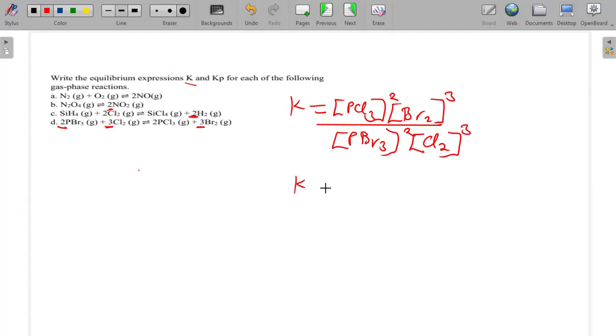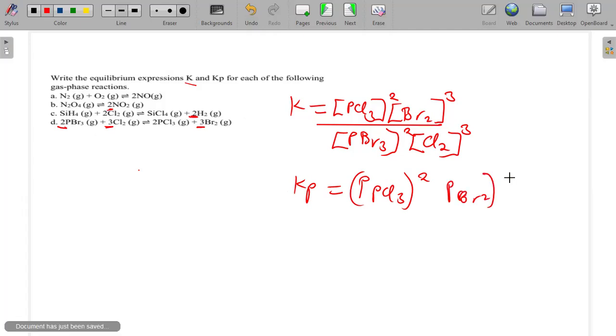For the Kp, just going to be getting the pressure. Okay, so we get the pressure for PCl3. Okay, we're going to power it to 2, multiplied by the pressure of Br2. We're going to power it to 3, isn't it? Because the coefficient is 3 there, divided by the pressure for PBr3.